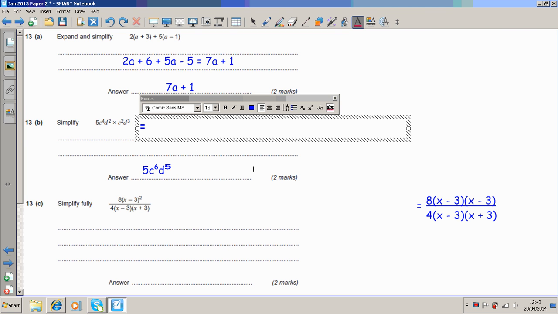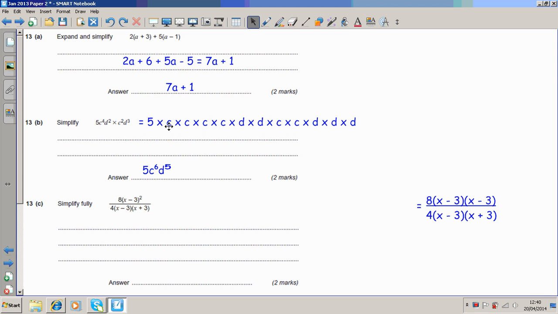If you're not happy with that, you could do it in bits. That's 5 times C^4 times D twice. So that's 5C^4D^2. And then I'm going to times that by C^2 and times that by D^3. So that's the same as that. So now if I simplify that, I've got 5, and then I've got 6 C's, C to the power of 6, and 5 D's, D to the power of 5. Hopefully that makes sense.